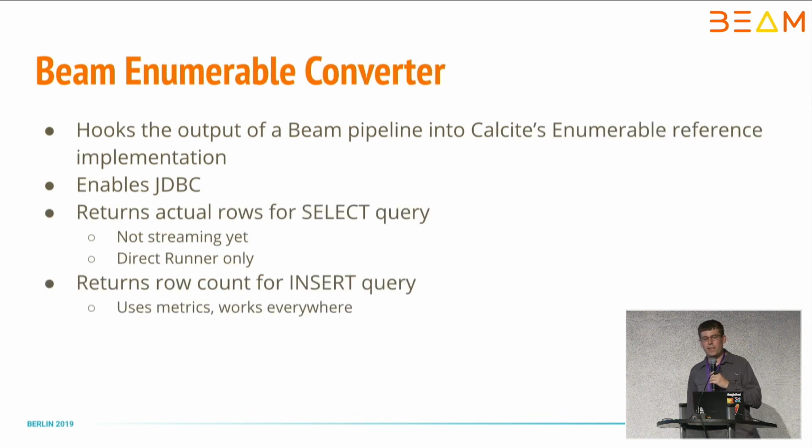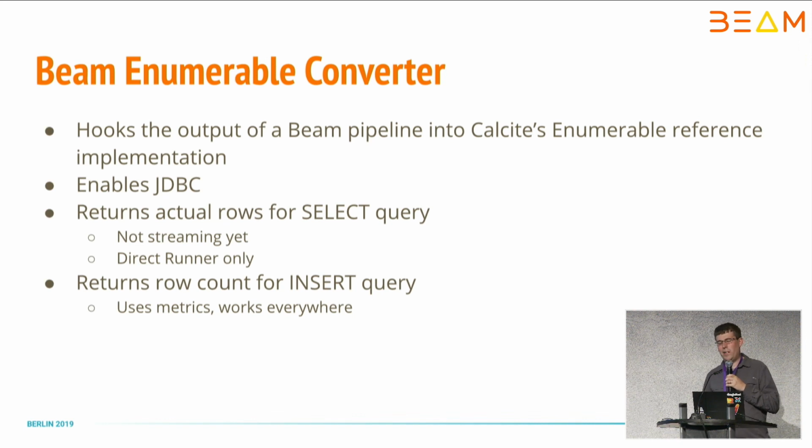So the other piece that handles specifically the SQL shell is a thing called a enumerable converter. If you look in the code, you'll find that this is wrapping all of your JDBC operations. So at the end of actually trying to implement JDBC, Calcite has a reference implementation that expects a Java list of all your rows.